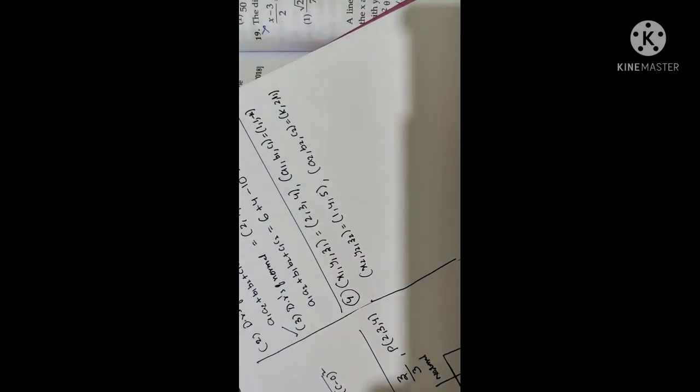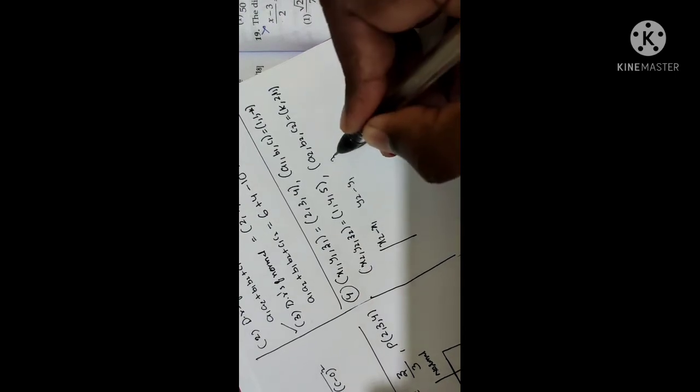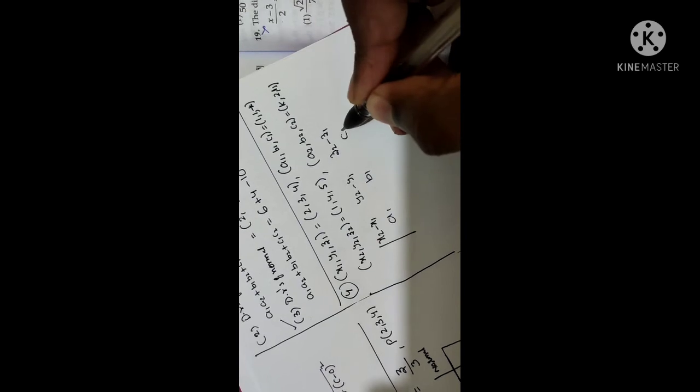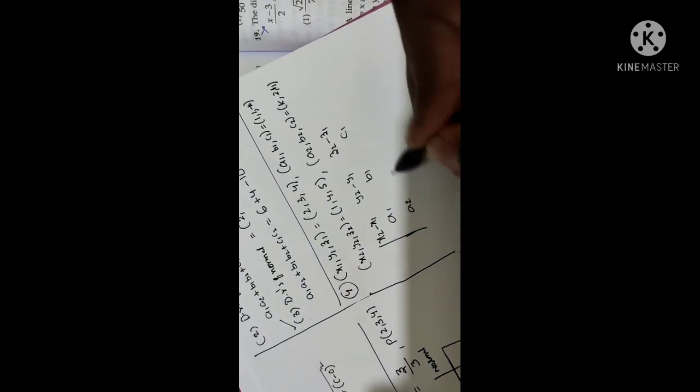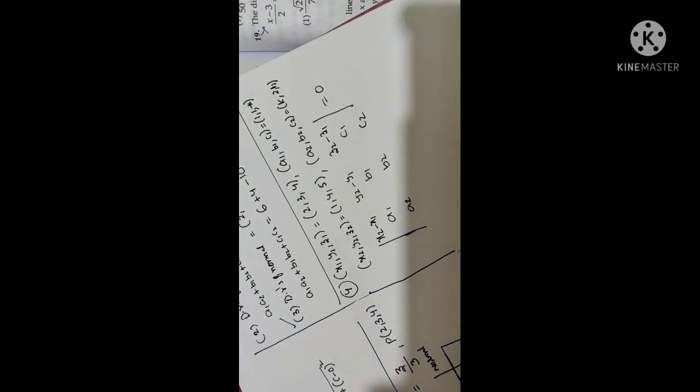Already in the synopsis we discussed the condition for coplanarity. We have two formulas. One is in vector form, one is in Cartesian form. But here the lines are given in Cartesian form. Therefore, I am applying the Cartesian form formula: determinant of x2 minus x1, y2 minus y1, z2 minus z1; A1, B1, C1; A2, B2, C2 is equal to 0.